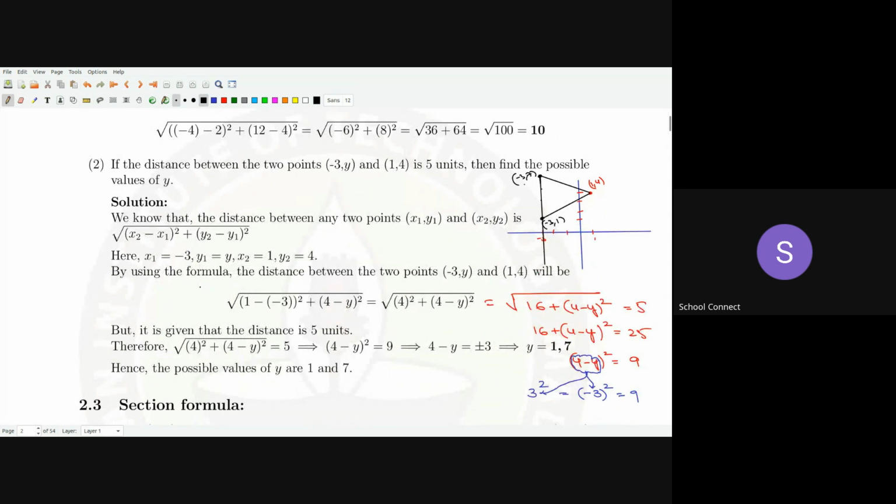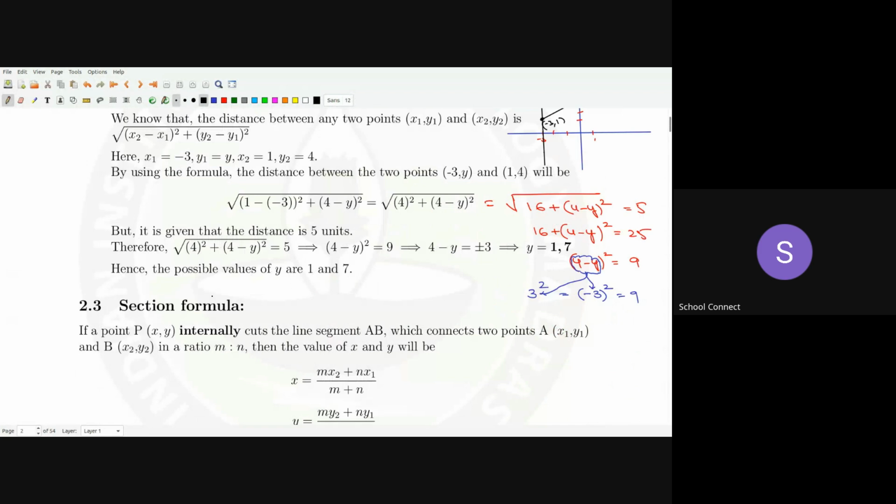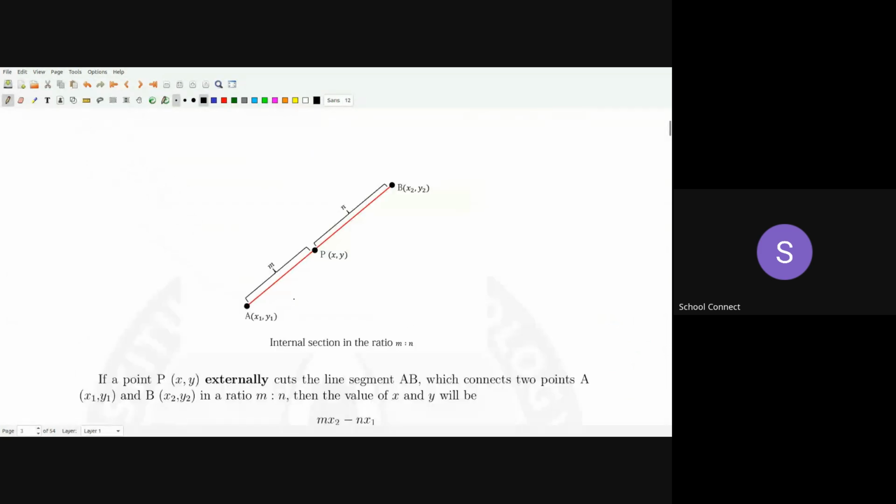Next comes section formula, which is basically if you have 2 points and a line joining these 2 points, and now you want to divide this line into 2 lines, something like this. Okay, you have a point A, which is x1, y1, and a point B, x2, y2.